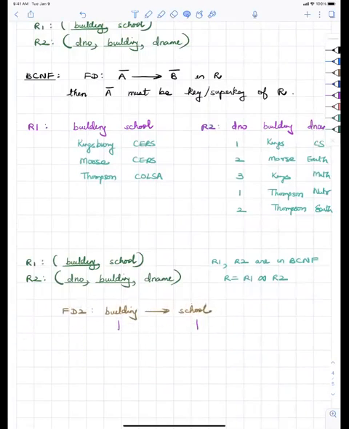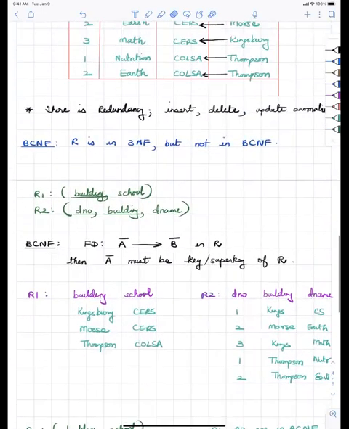So we had this functional dependency, building goes to school. We divided it into building and school, and then D number, building, and D name. This one is fine.